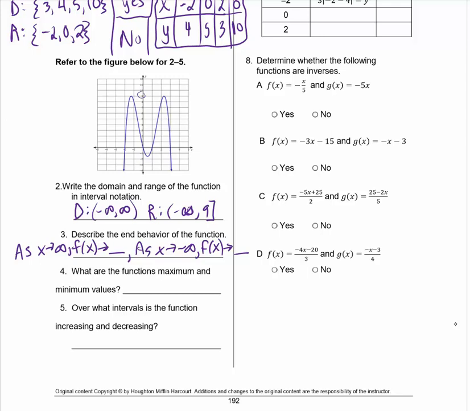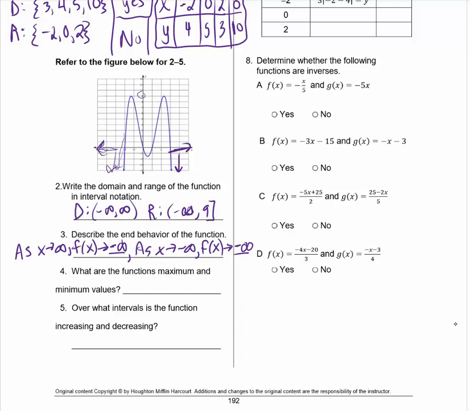We want to follow the very outside of our graph on the left and say, as I go to the left, my graph is going down towards negative infinity. So that's the second one. As I'm going toward negative infinity for x, as I'm going to the left, then my y values are going down. Then as I go to the right toward positive infinity, my graph is going down that direction as well. So that means that as I go towards positive infinity, my f of x is going toward negative infinity.